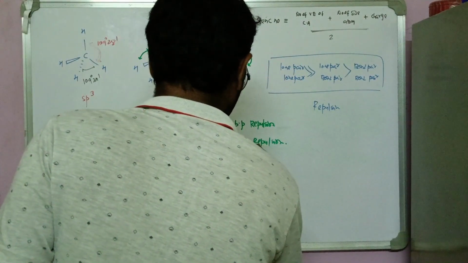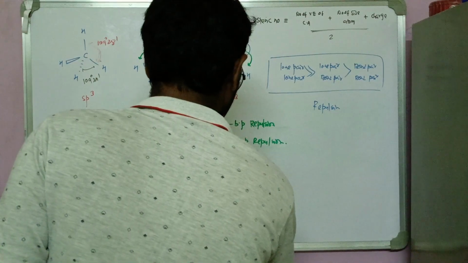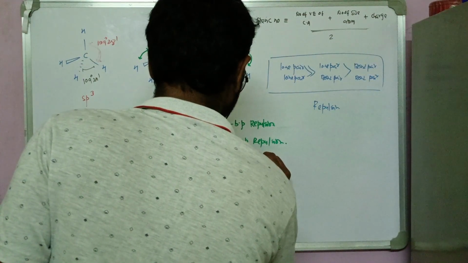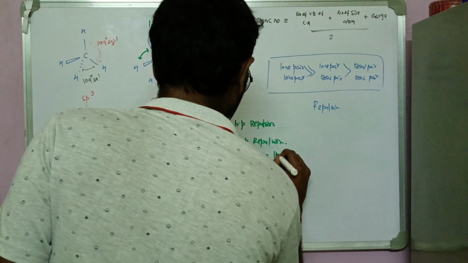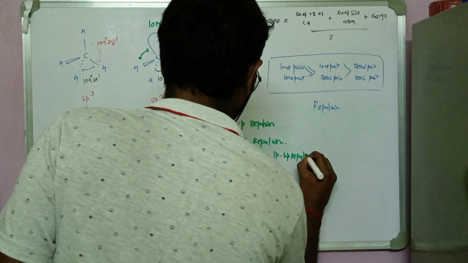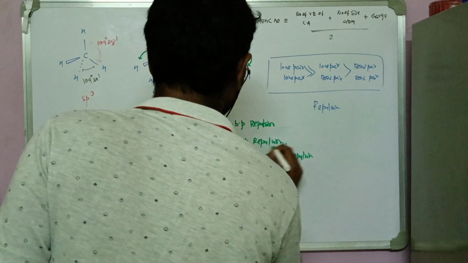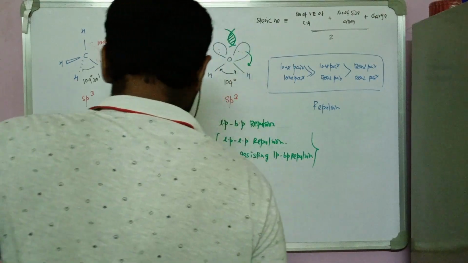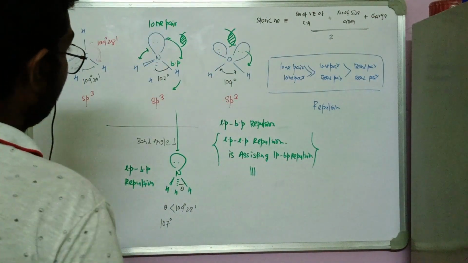So the lone pair repulsion is assisting the lone pair-bond pair repulsion, and due to both of these repulsions, the same thing is happening.